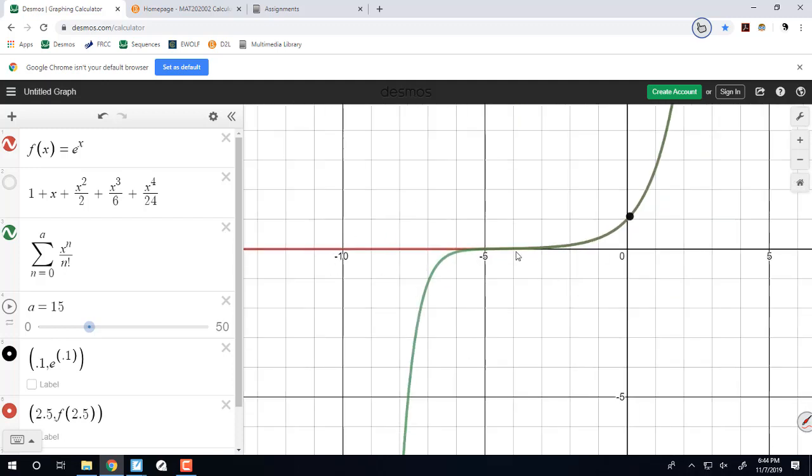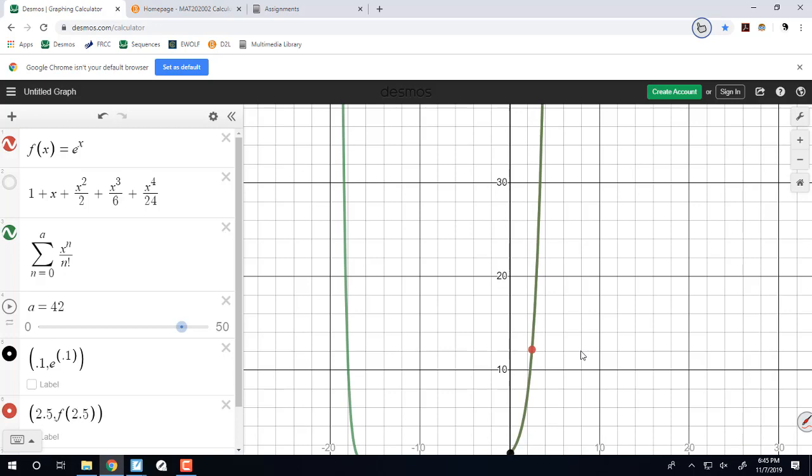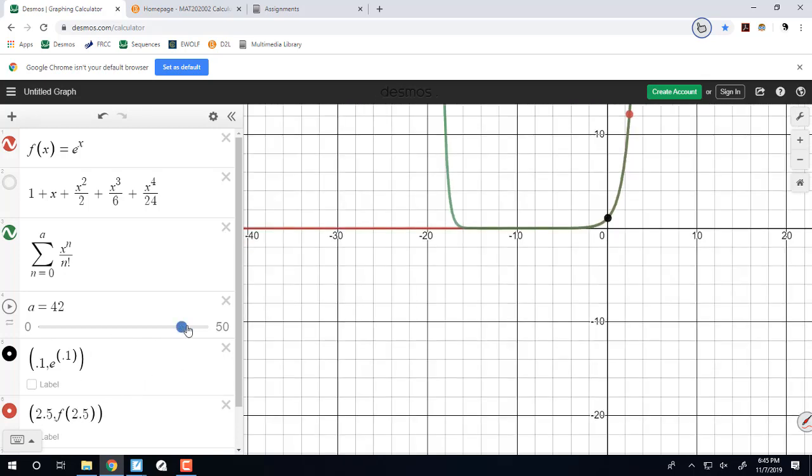But also notice what happens over here as we keep increasing. So now that 42nd degree polynomial, which has powers all the way up to x to the 42nd power, is a pretty good approximation for e to the x for an even larger interval, right? This is like negative 18 all the way to, who knows where on this one. Now we're pretty good even to negative 20.